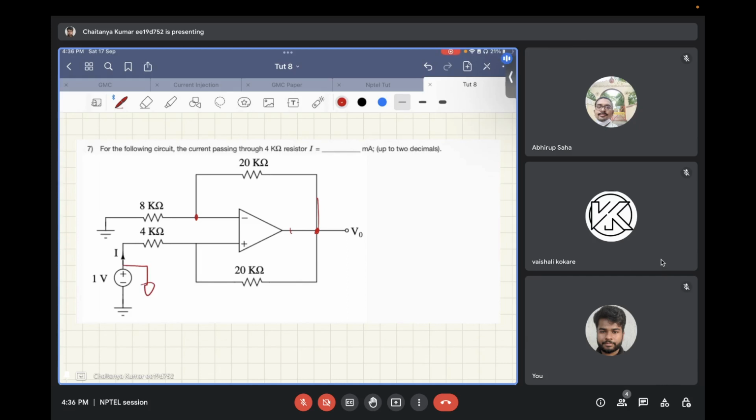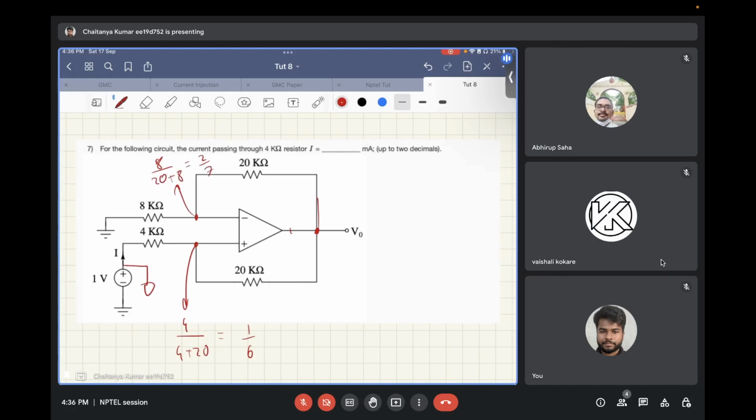So this voltage is basically 4 divided by 4 plus 20, that is equal to 1 by 6, and this voltage is 8 divided by 20 plus 8, that is equal to 2 by 7.